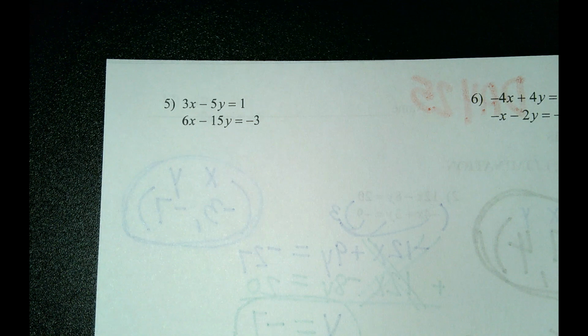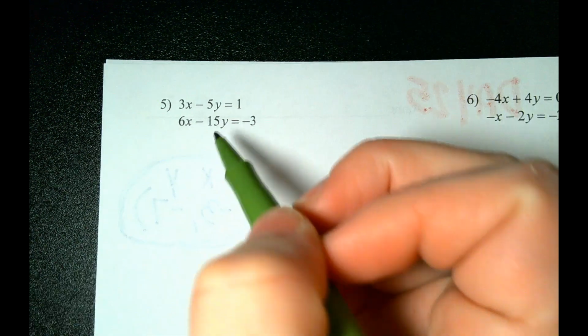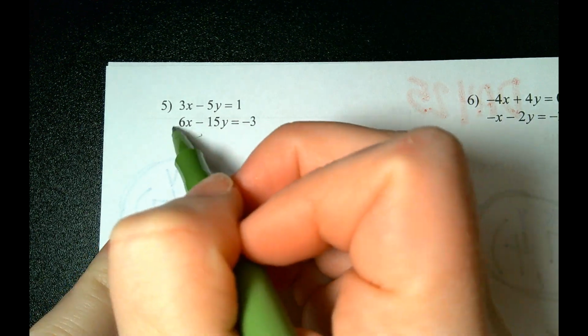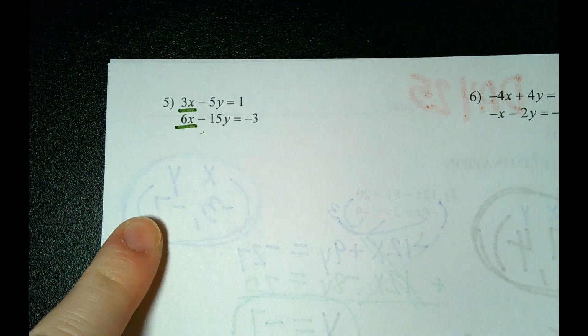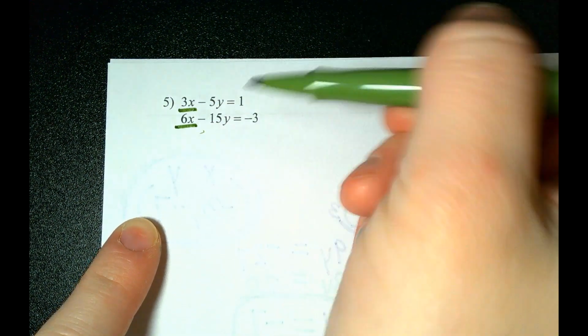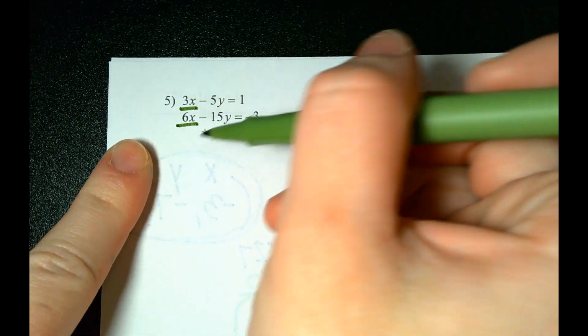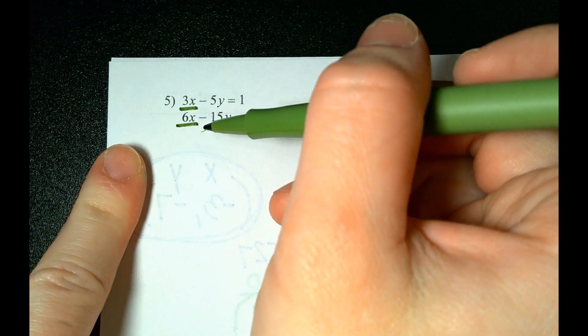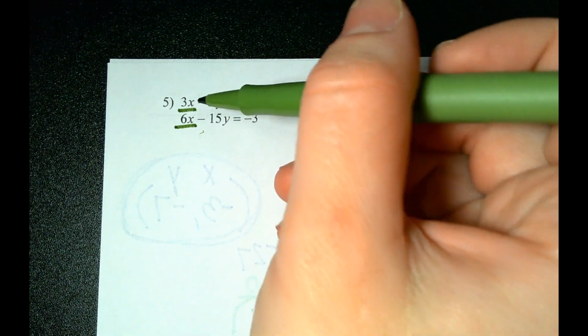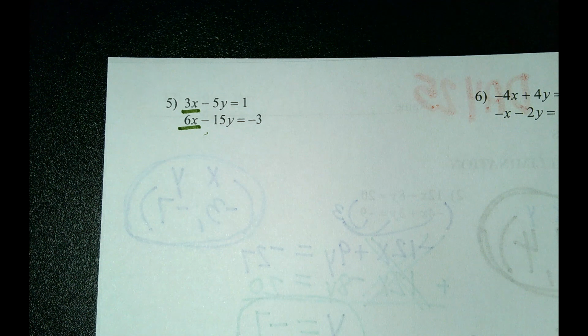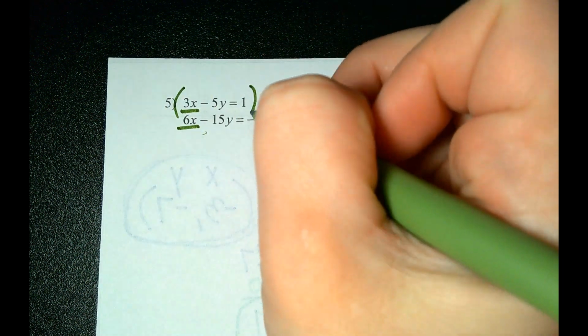Let's do the x's. Okay, so if I want my x values to match, I need to get my 3x to somehow cancel out 6x. So what does my new x value need to be? Multiply by 2.